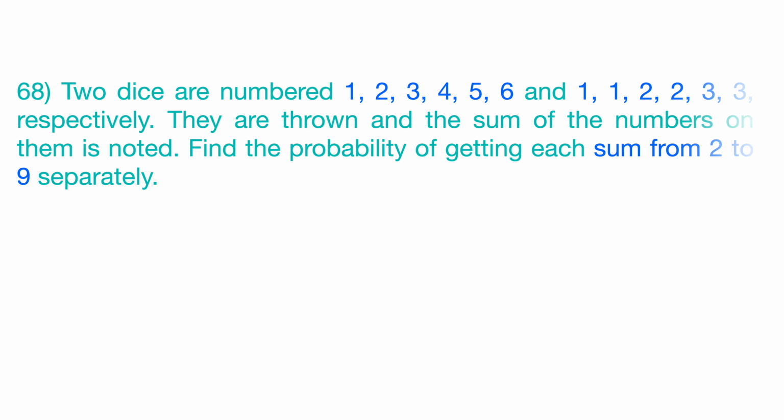Two dice are numbered 1, 2, 3, 4, 5, 6 and 1, 1, 2, 2, 3, 3 respectively. They are thrown and the sum of the numbers on them is noted. Find the probability of getting each sum from 2 to 9 separately.